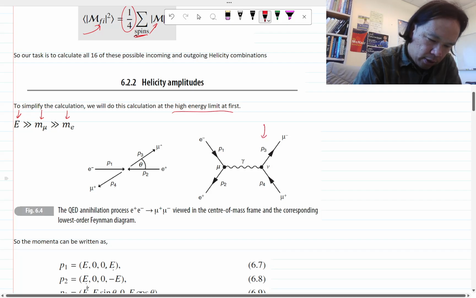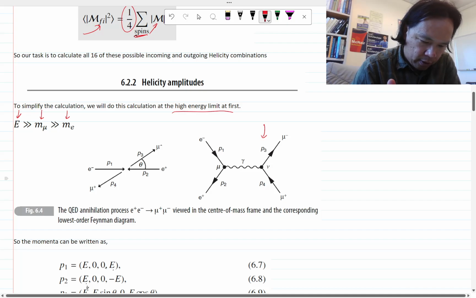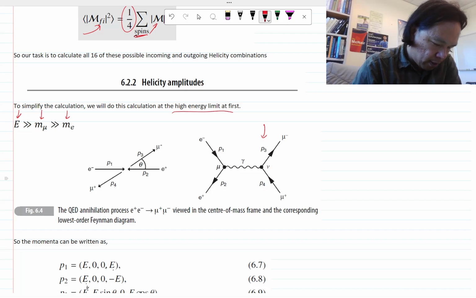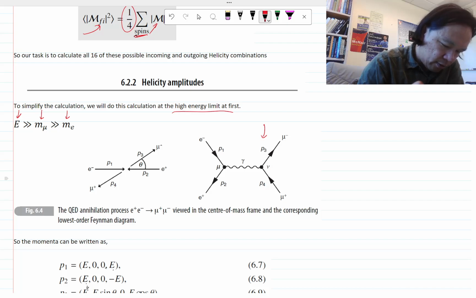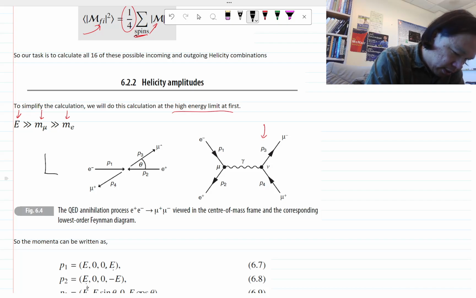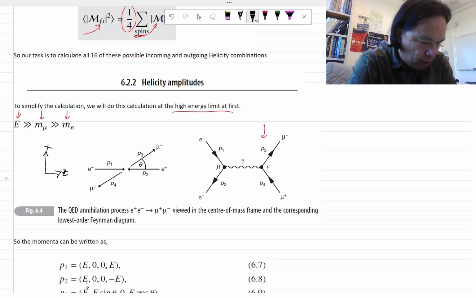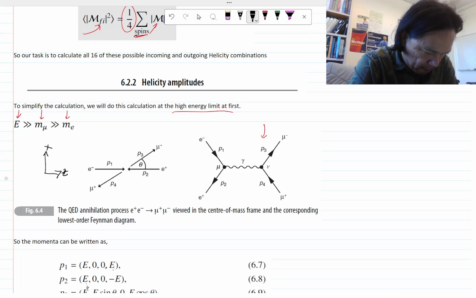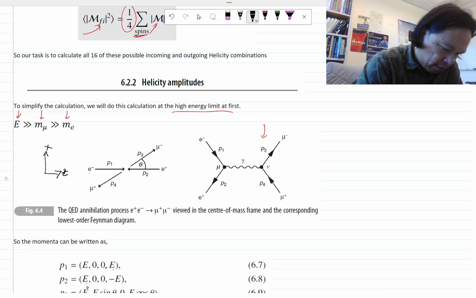So here on the right, we still have our old Feynman diagram. Great, we're already familiar with it. I drew this like a million times. On the left-hand side, we're going to have a physical diagram where the z-axis is going to go along the horizontal, and the up and down on the screen is going to be the x-axis. So you have an incoming electron and an incoming positron with momentum p1 and p2.